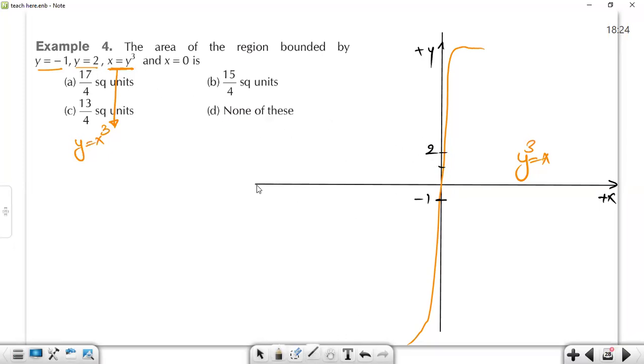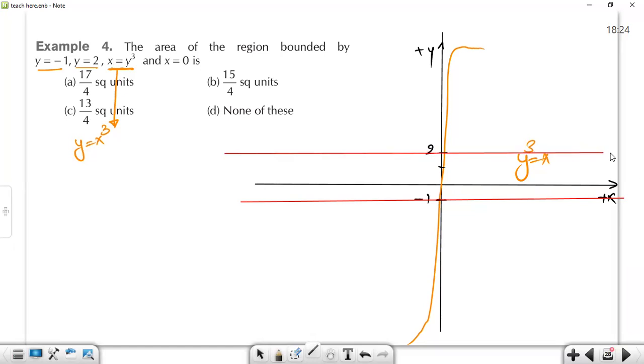Okay, so let's draw y equals minus 1 and y equals 2. And x equals y cube, we have already drawn it. x equals 0 is basically the y axis, right? So the area now we are concerned with is this.